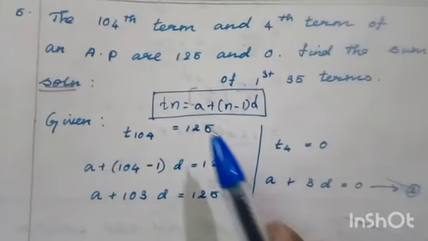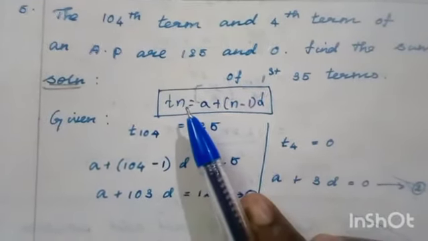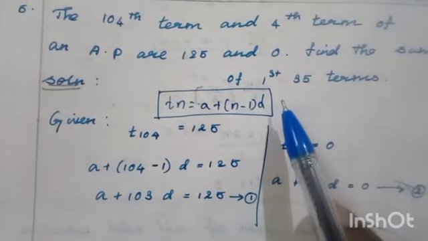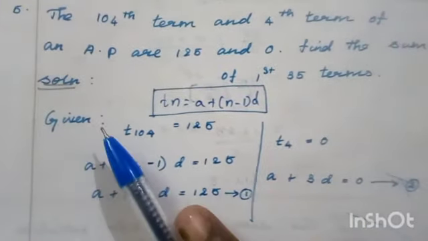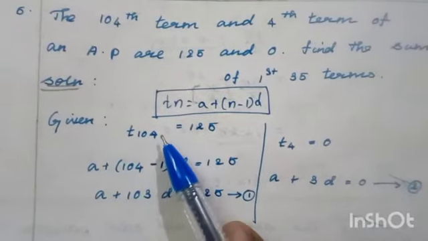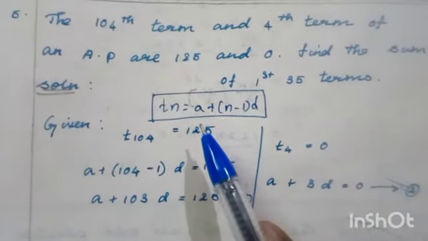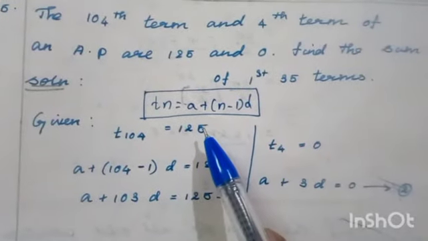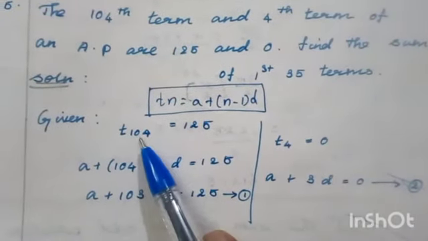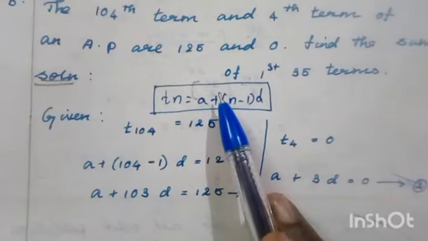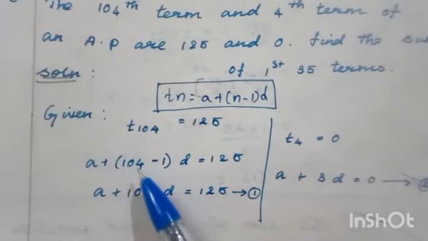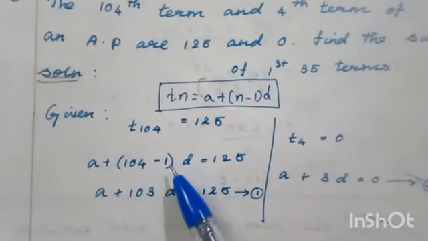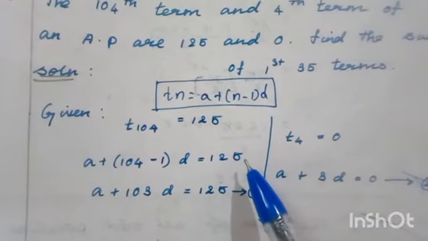For this question, first you have to write the nth term formula, Tn equal to a plus n minus 1 into d. In the given question, 104th term value and 4th term value is given. That is T104 equal to 125. Here n is 104. So you have to substitute in the nth term formula, that is a plus 104 minus 1 into d equal to 125.